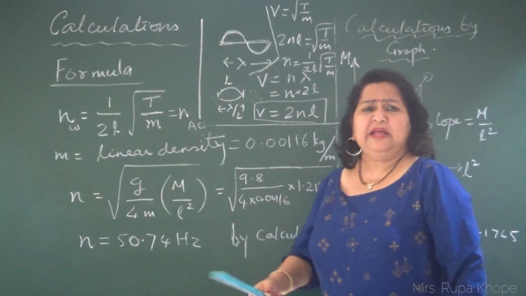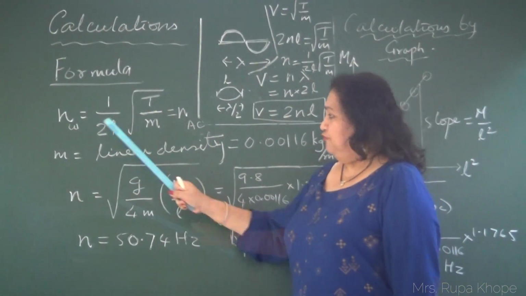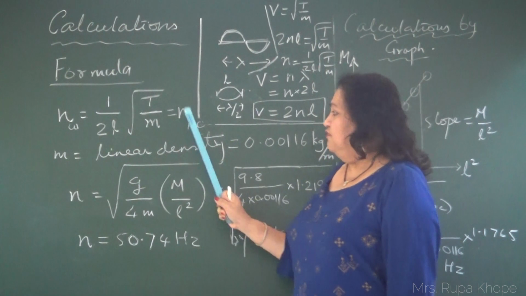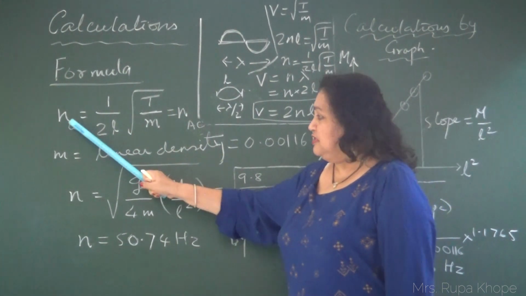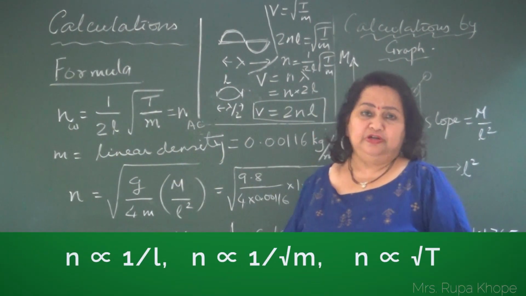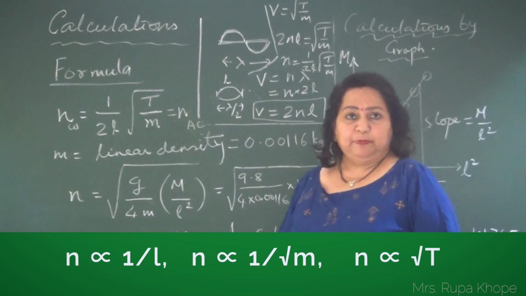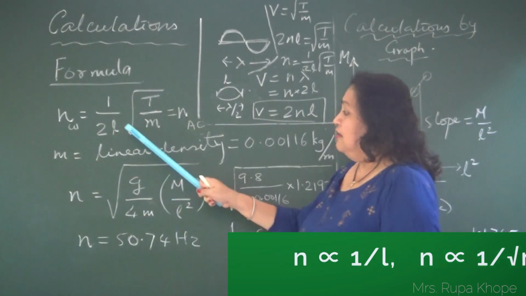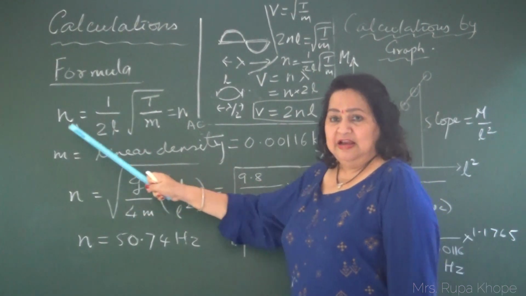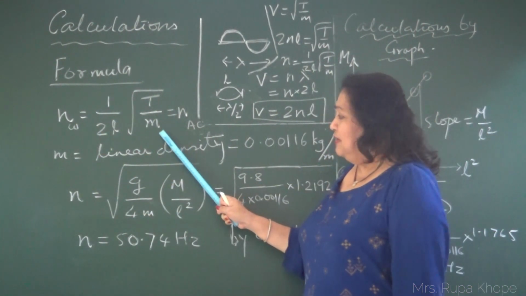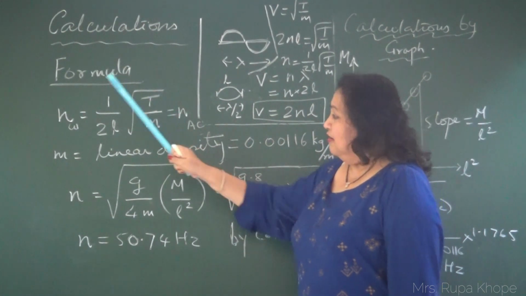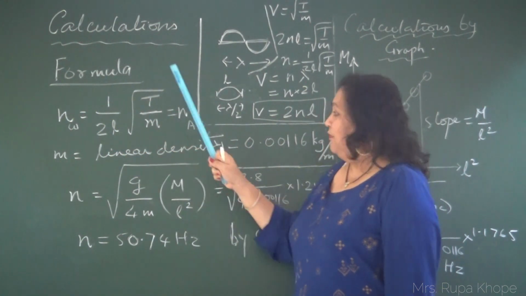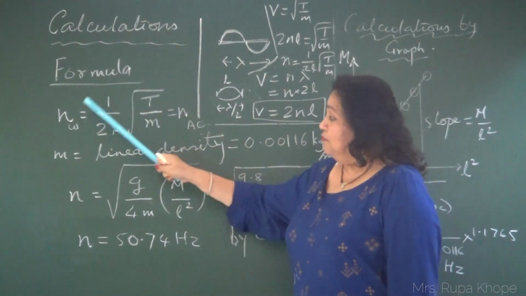Now we need to do simple calculations. The formula is: the frequency of the wire, which is the frequency of AC, is inversely proportional to L, inversely proportional to root m, and directly proportional to root T. That means the more the resonating length, the less the frequency; the more the mass per unit length, the less the frequency; and the more the tension, the more the frequency.